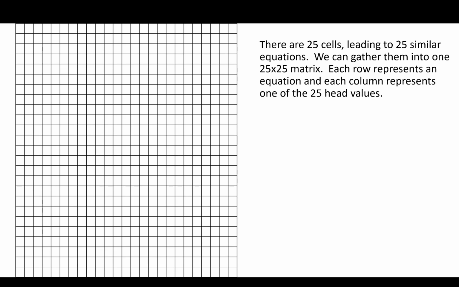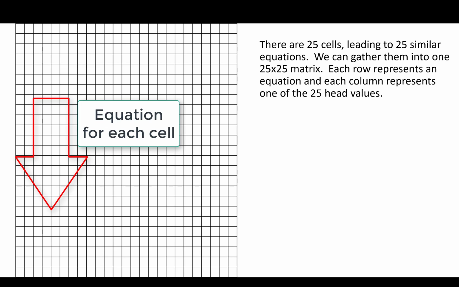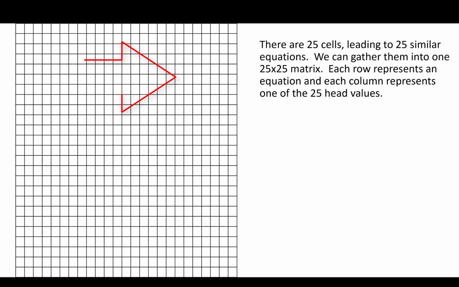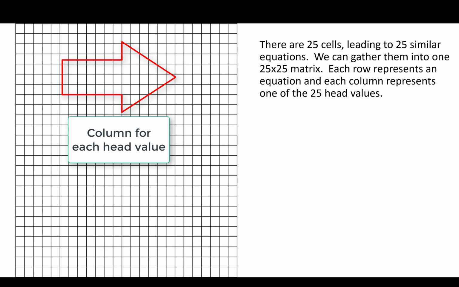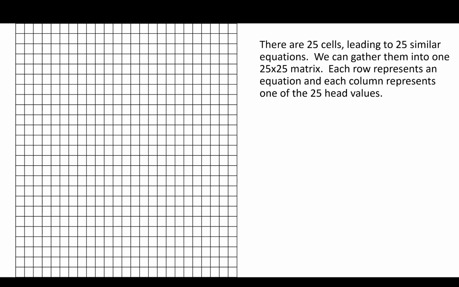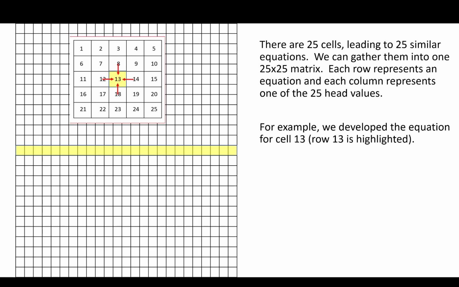Now this part is a bit of a stretch. We have 25 cells and we're going to have an equation for each one of those cells. And we also have an h value in every one of those cells. So we end up putting these together in a 25 by 25 matrix. This row, for instance, represents the 13th cell, the one we've been talking about. It is the equation for that cell.